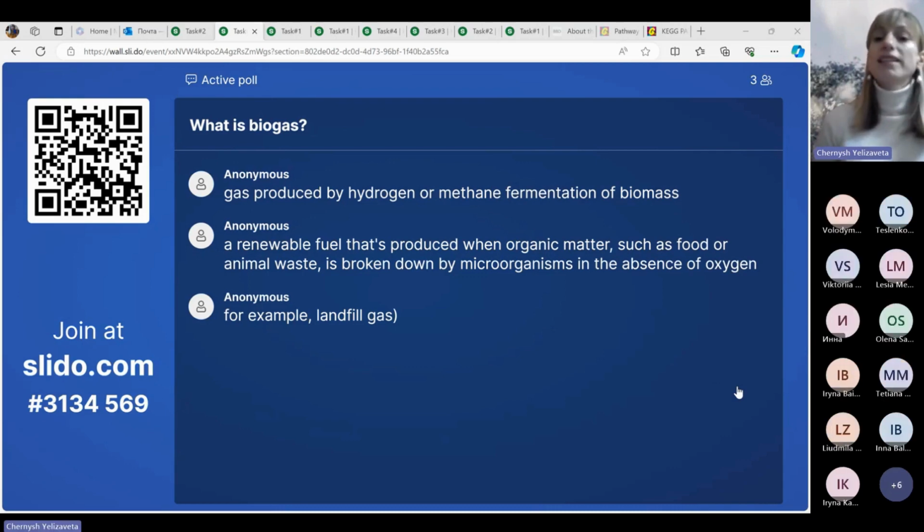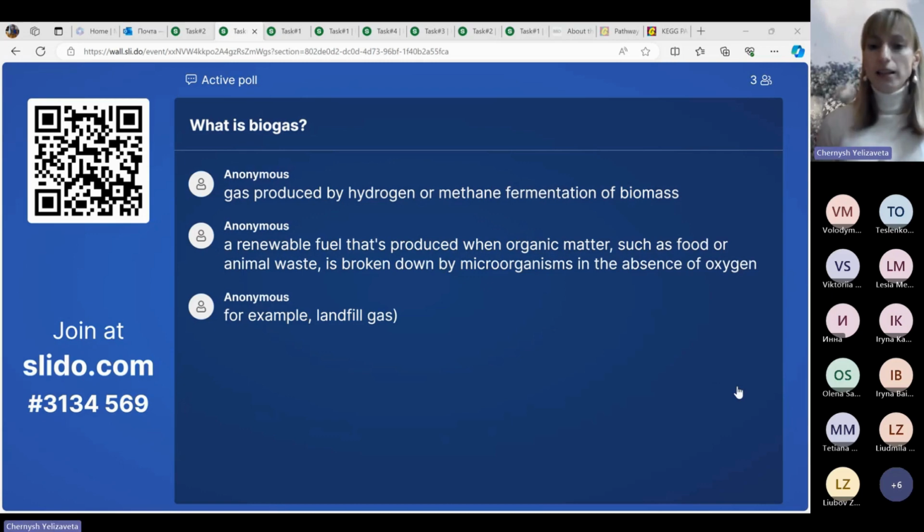So the biogas composition is methane, around 50% methane. So we talk about natural gas; it's an analog of natural gas. Of course, it can have hydrogen, but mostly not a lot. The next component is CO2, around 35%. And of course, there can be some impurities, some not useful components: hydrogen sulfide and ammonia. Biogas should be purified from these components and upgraded to methane.